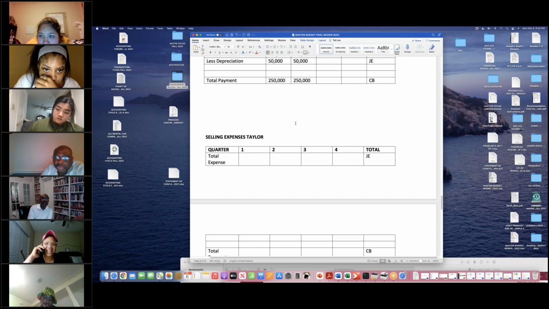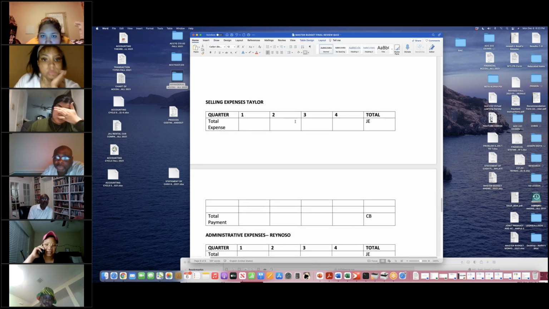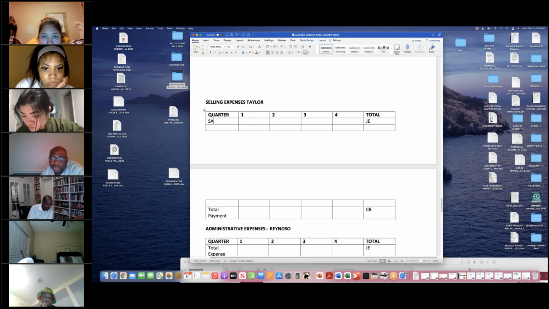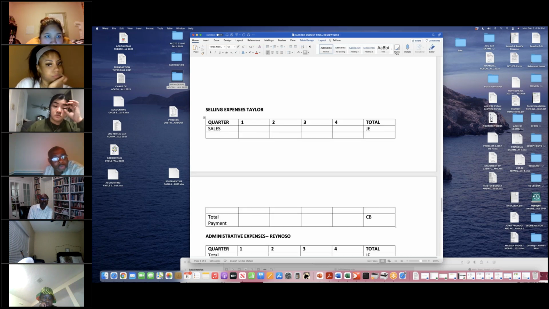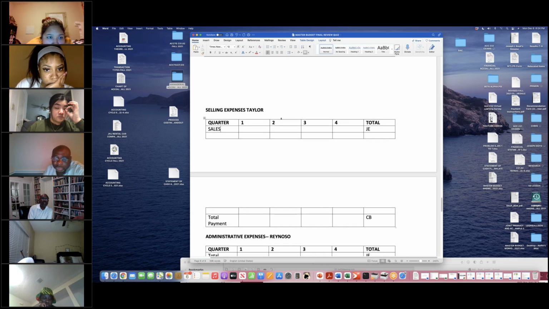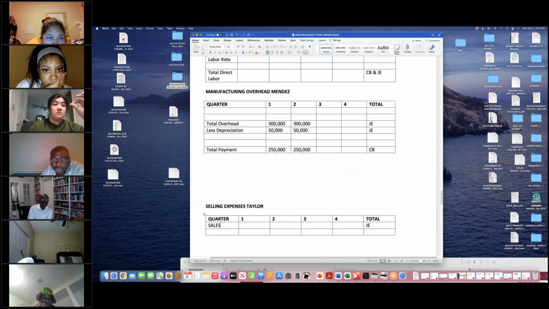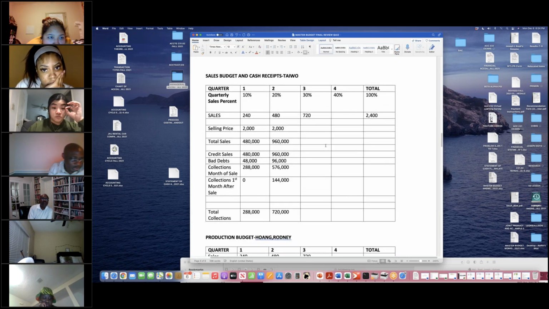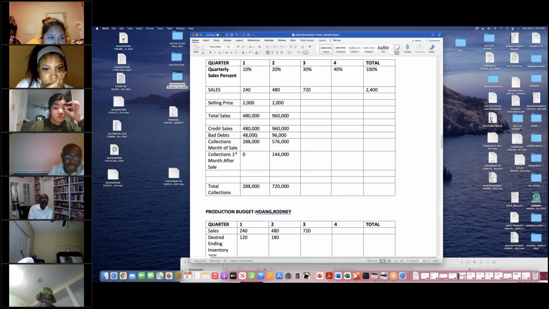Selling expenses. Okay, so for quarter one, we had 96,000. So what are our sales going to be for quarter one? 480,000. So we come up here and get both of these, right?